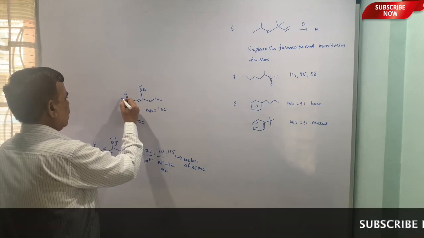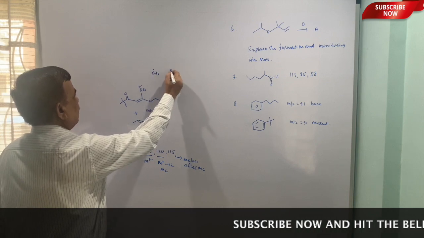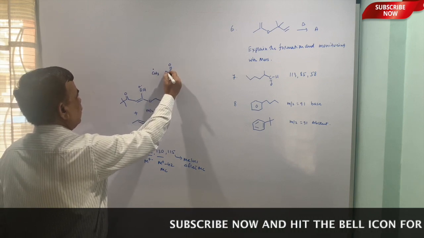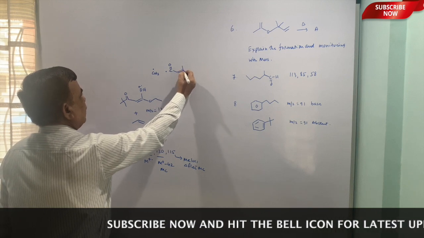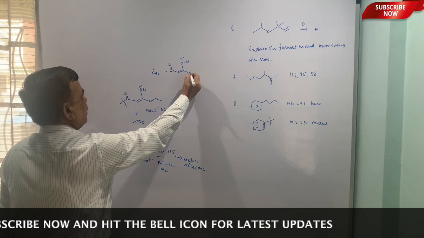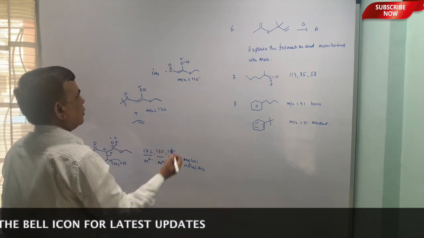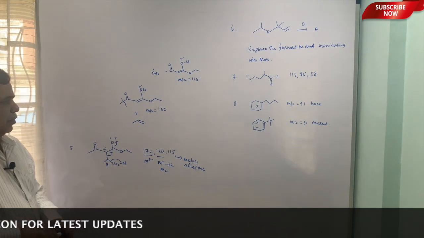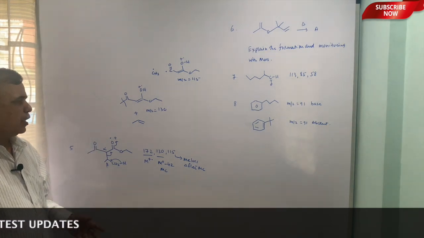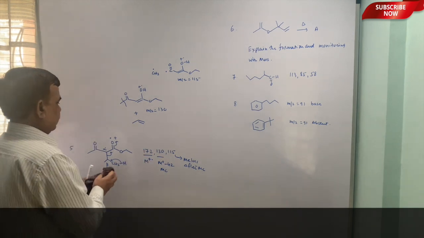So if I break it here, methyl radical will go off, and then we are going to have say radical here. Anyway, the charge is there, those two radicals may fuse, but this is going to be 115. I am not counting because loss of methyl means 115 straight away. So that is the thing.